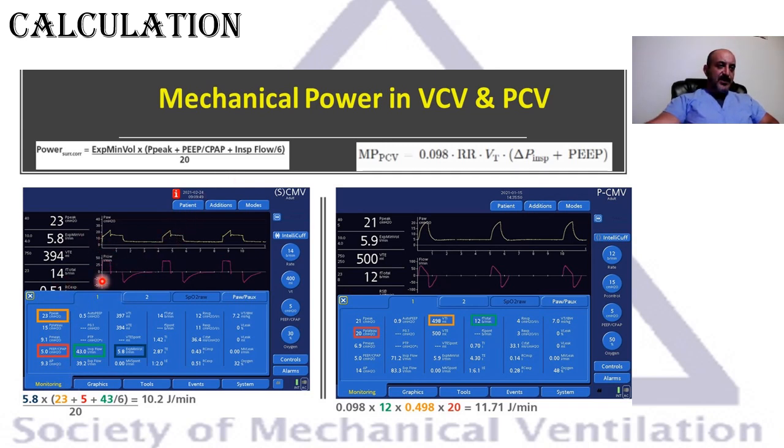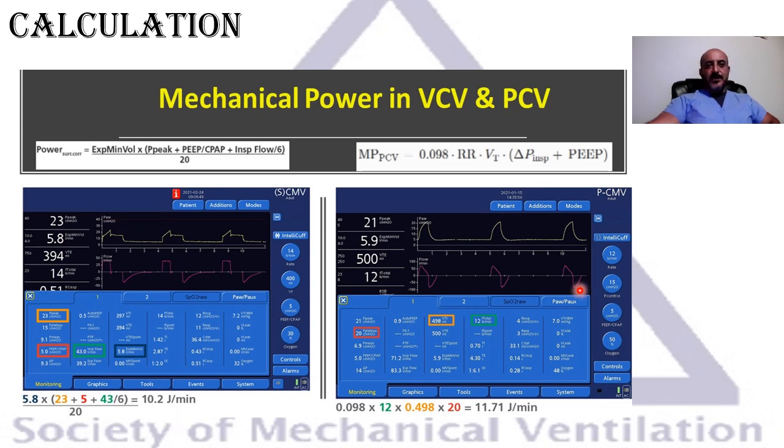In this example, the expiratory minute ventilation is 5.8, which is basically the respiratory rate times tidal volume. The peak inspiratory pressure is 23, as you can see here. PEEP is 5. The inspiratory flow is 43 divided by 6, all divided by 20, which comes to a mechanical power of 10.2 joules per minute.